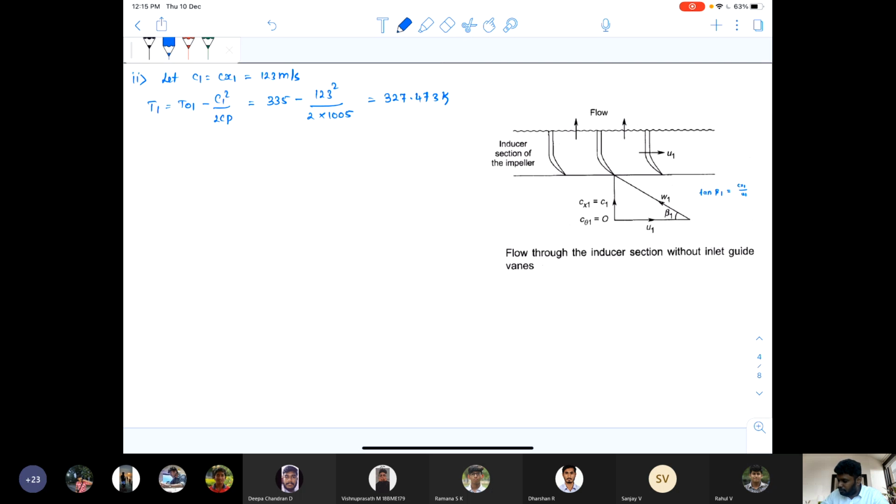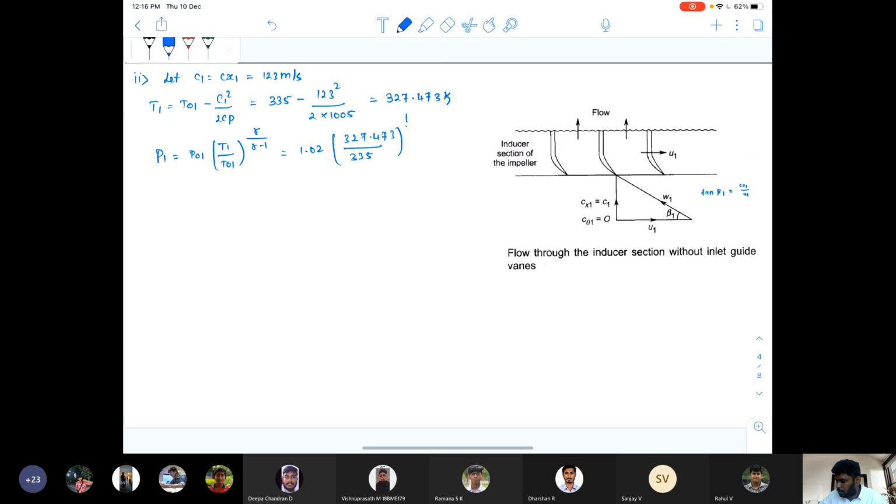Therefore, the value of P1 is equal to P01 into T1 divided by T01 to the power of gamma divided by gamma minus 1. And on substituting, you will be getting 1.02 into 327.473 divided by 335 to the power of 1.4 divided by 0.4.